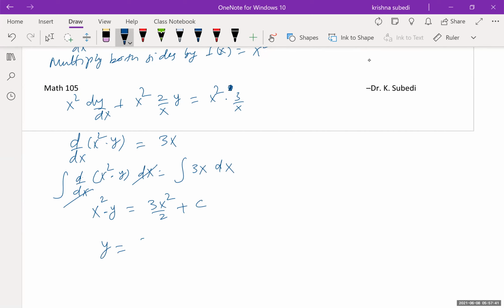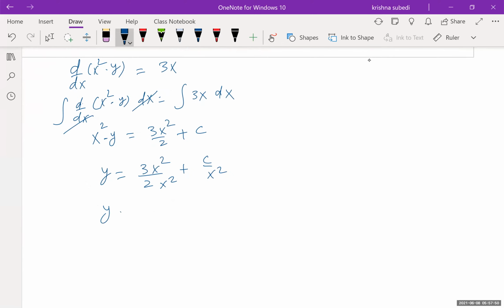So your y is 3x squared over 2 x squared plus c over x squared. And so your answer is y equals 3 over 2 plus c over x squared. So this is your general solution, okay?